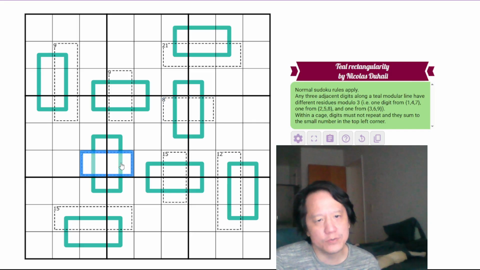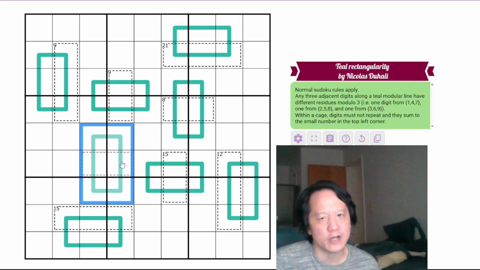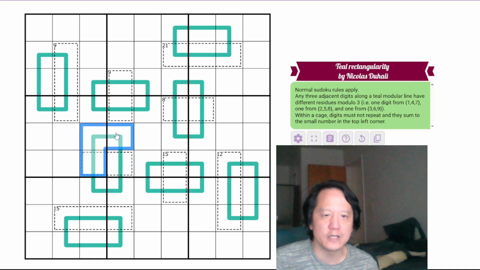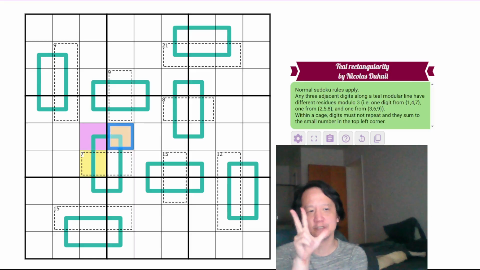We know every third digit on a modular line must be the same set. The reason why we know that is, take a look at these 3 digits here. Let's mark them as different sets, because obviously you have to have 3 different sets for 3 adjacent digits on these lines.